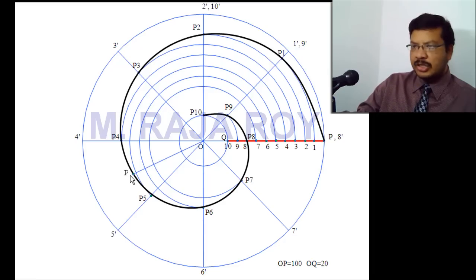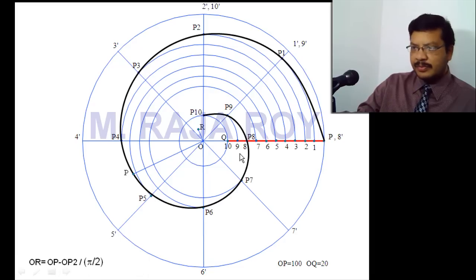So draw a line joining O and P, something like this, and you have to draw a perpendicular to this PO line like this. The length of this perpendicular, you call it OR.